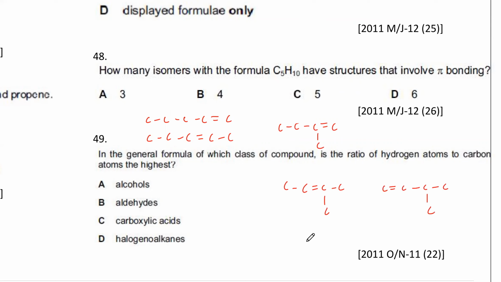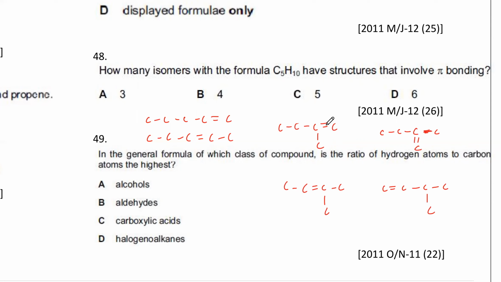So that's 3. I think it's the same, but it is not. If you look over here, I said this one would be the same. If I put the double bond over here, then it would be the same. This is single and I put the double bond over here. These two are exactly the same.